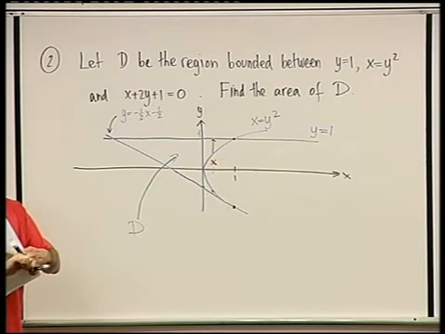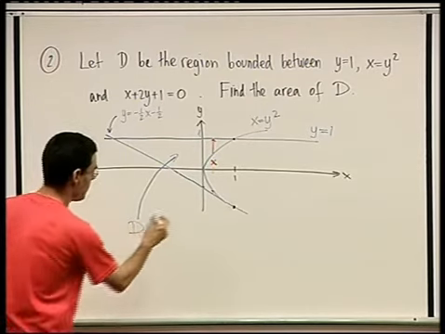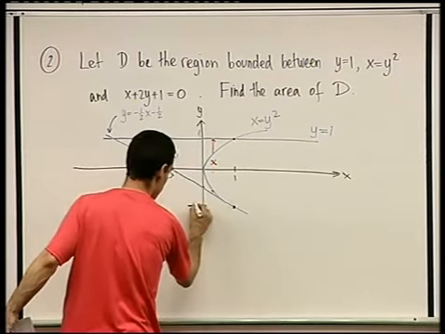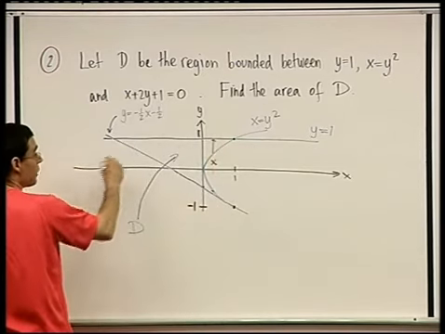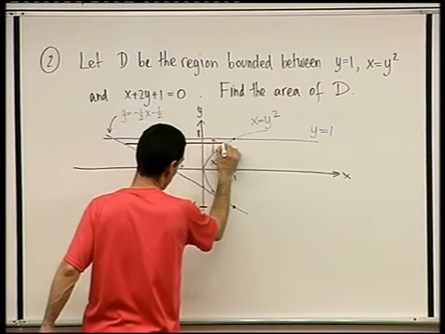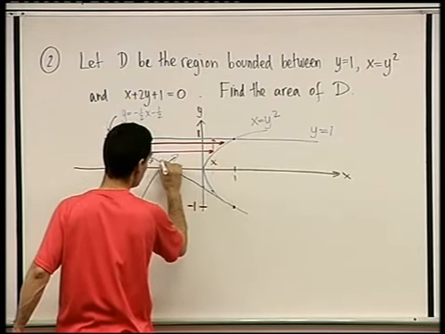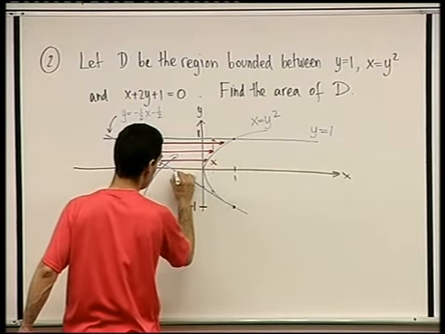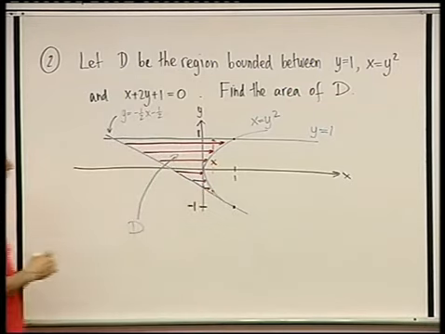However, it's still simple because it's simple in the other direction. If you allow the y's to be fixed between y equals -1 and y equals 1, and for each y, the x's to range from here to here. Do you see that when looking at it like this, it is in fact a simple domain? Does everybody see that?